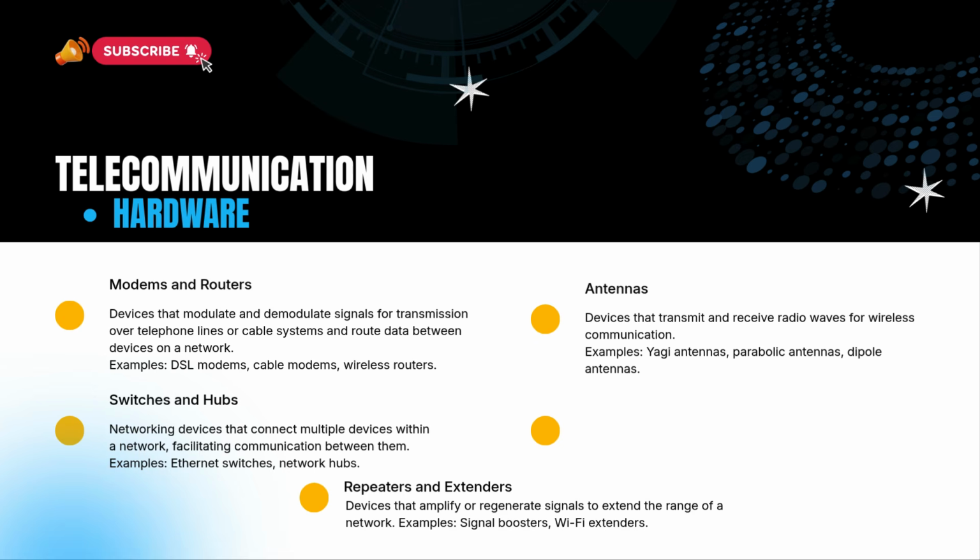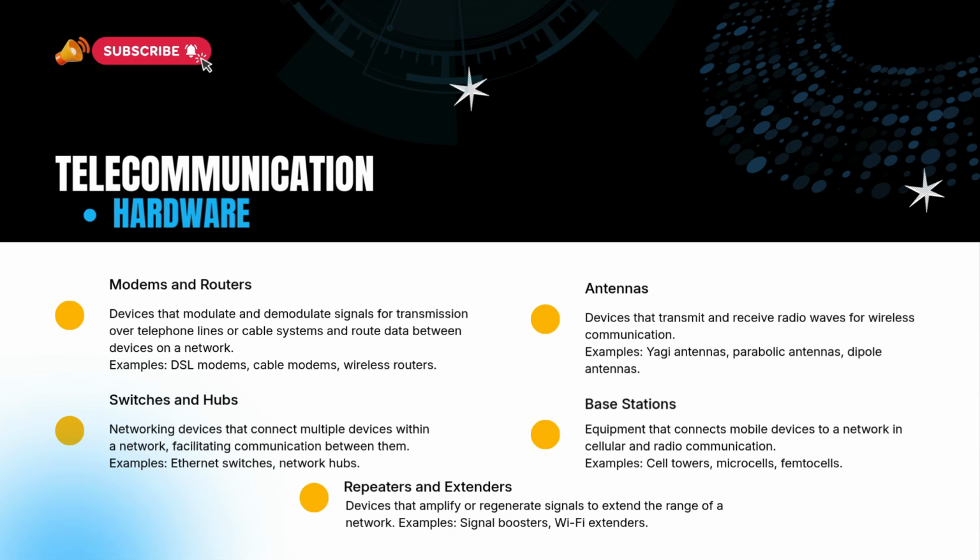Yagi antennas are designed for long-distance directional signals. Parabolic antennas are often used for satellite communication, and dipole antennas are common in everyday radio and television systems. In short, antennas act as the bridge between devices and the airwaves, ensuring smooth wireless communication.